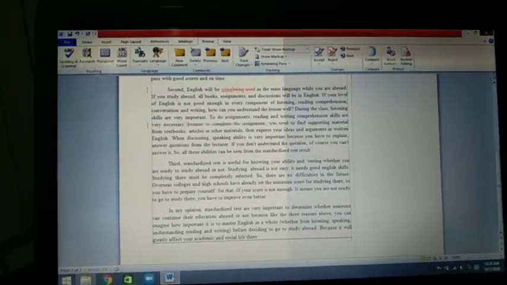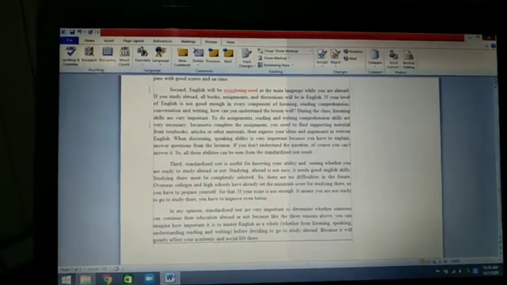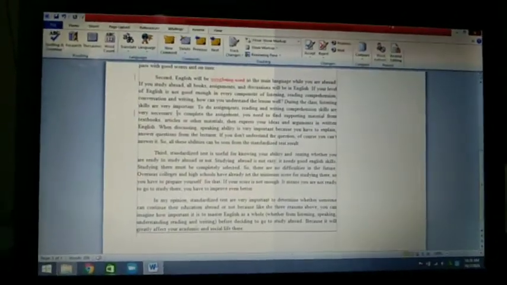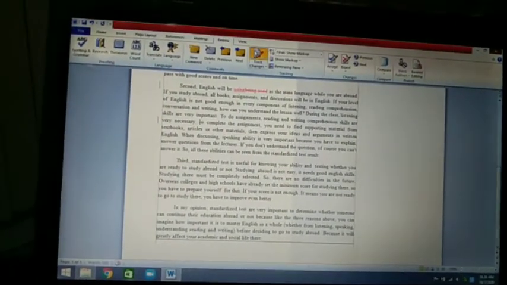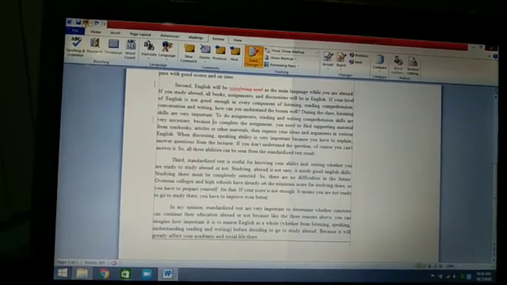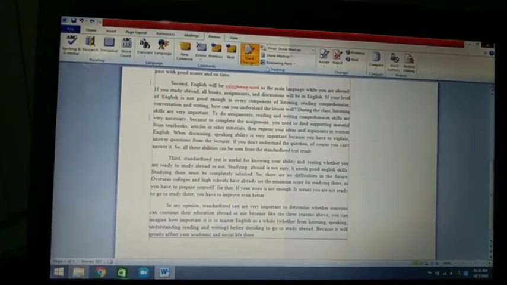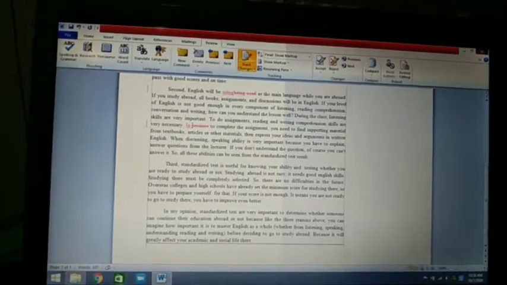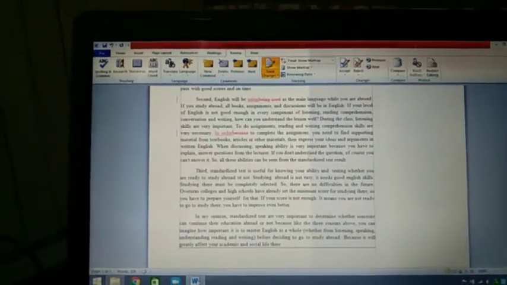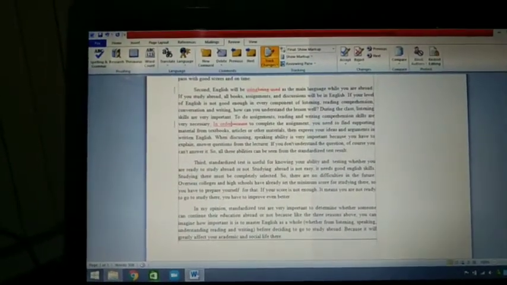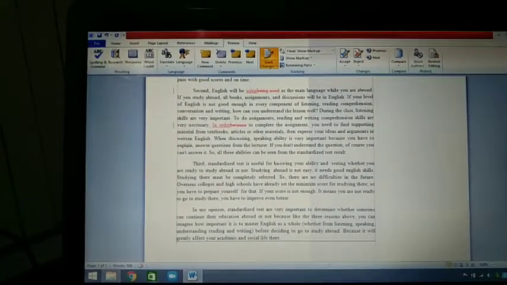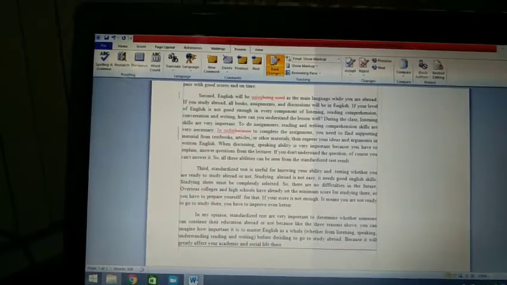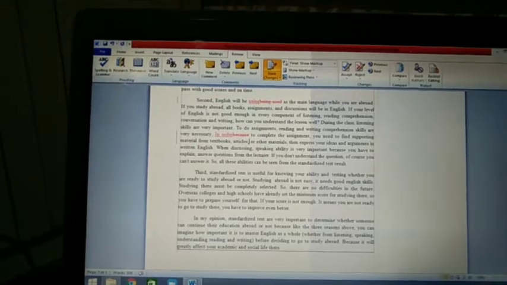Okay. And we replace it with, in order to complete the assignment, you need to find supporting material from textbooks, articles, or other materials. We need a comma after articles. Then express your ideas and arguments in written English.